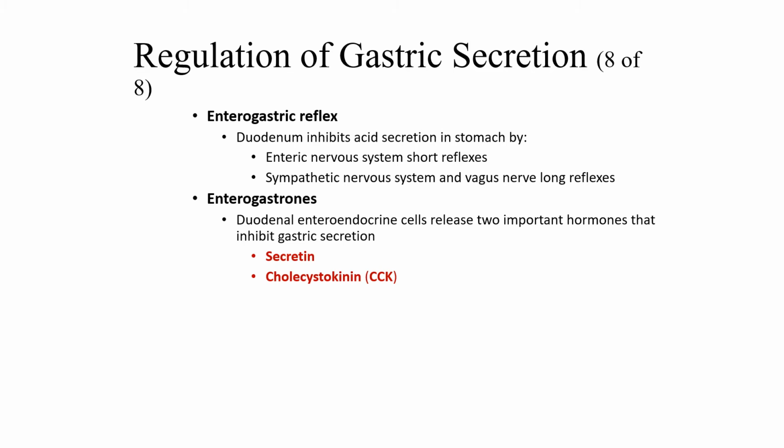Enterogastrones are hormones that the duodenum is going to secrete in order to inhibit the stomach from making more gastric juice. And these are called secretin and CCK. Secretin and CCK.